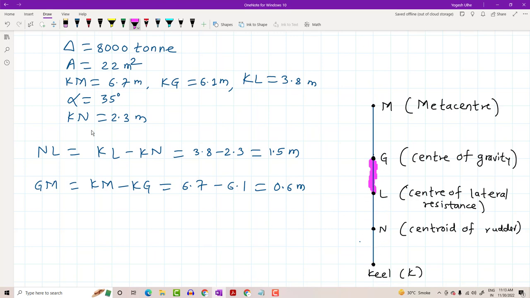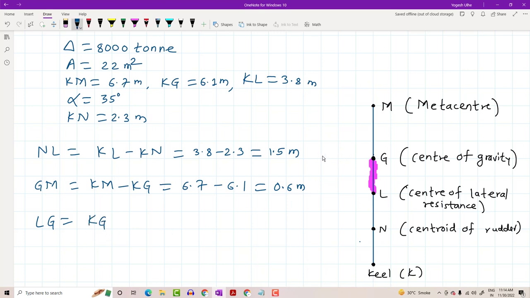LG is the distance between the center of lateral resistance and the center of gravity. So LG will be equal to KG minus KL.